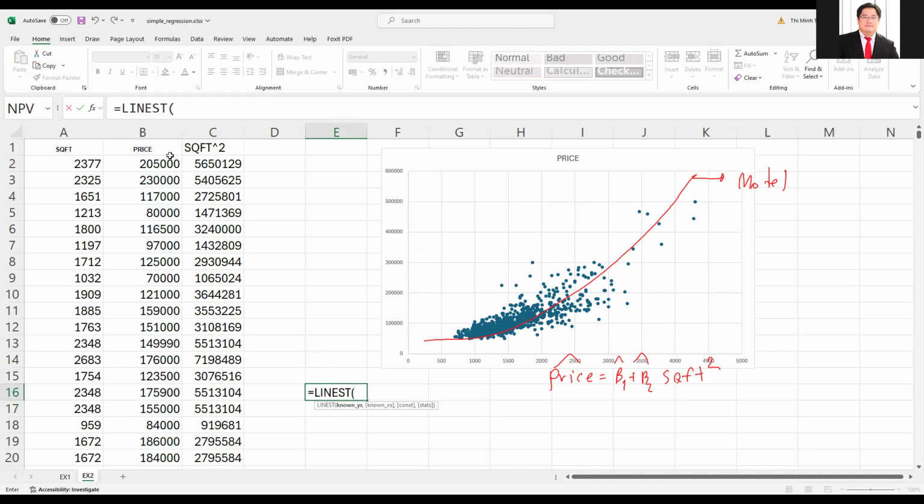Click at price because they would like you to put Y first. Then Control, Shift and Down arrow at once. Control Shift together. One more time.